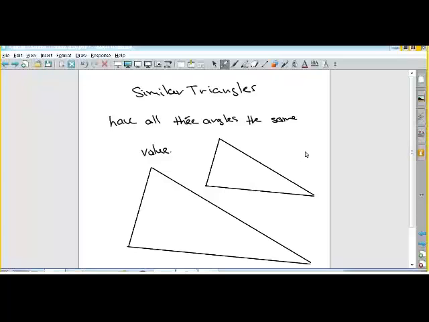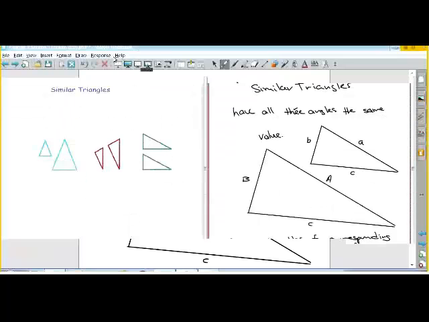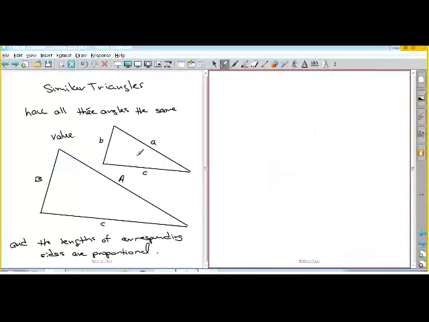So what I'm going to do is I'm going to label these two triangles. The smaller one, I'm going to say this side has length a, this side has length b, and this side has length c. And in the larger triangle, I'll just use the capitalized version of the letter. And what we can say is that we can talk about the ratio of the sides.